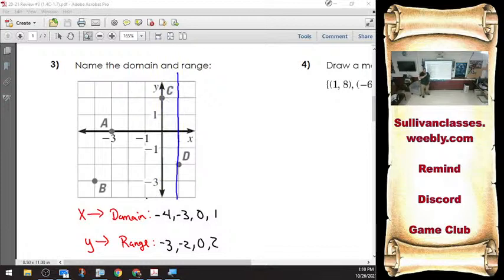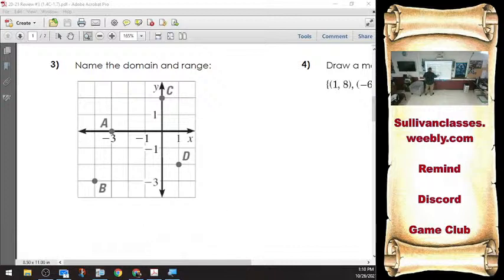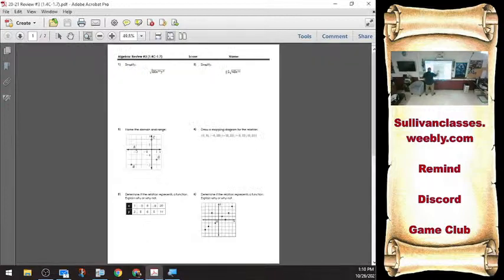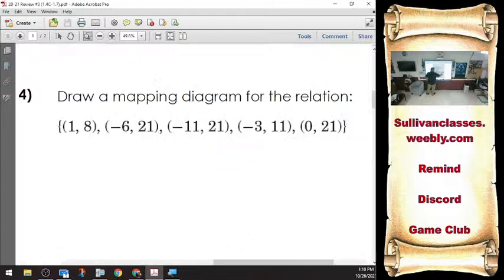As I go across, those are the numbers I hit, so those are my domain. Knock it off, both of you. Do the same thing for your Y's, just tilt it on the side.